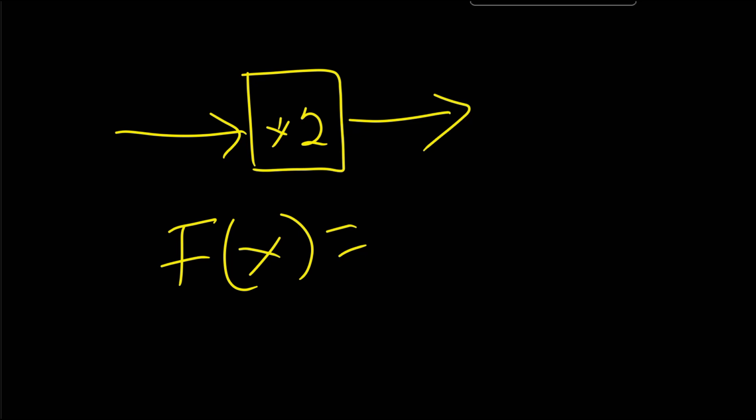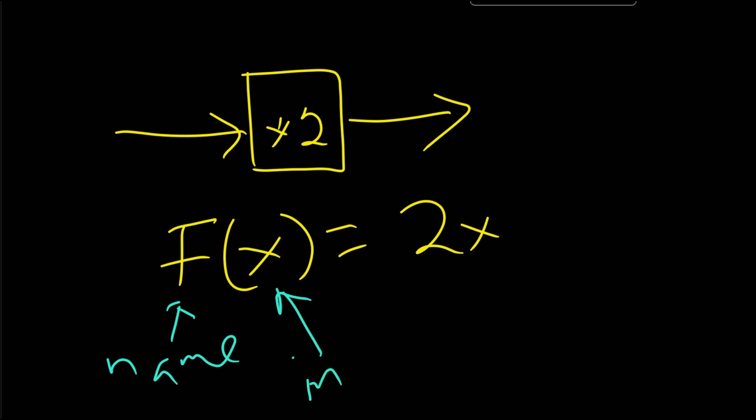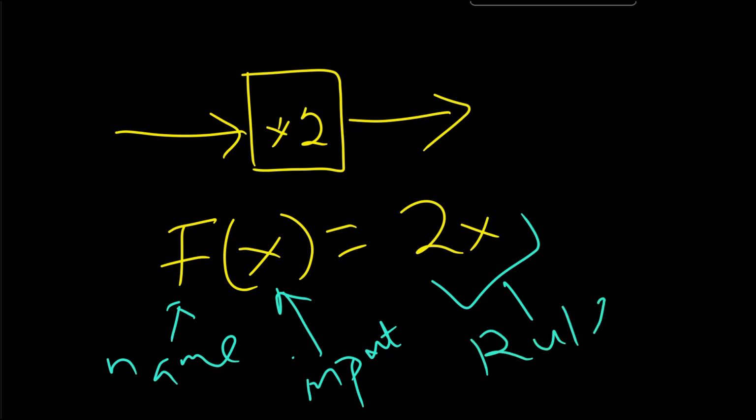In this case, we're multiplying the input by 2. So if f is the function name and x is the input, then the output, or the rule, will definitely be 2x. Essentially, this f right here is the function name, this x represents the input, and the 2x right here represents the rule. And in this case, if you evaluate this expression, you should get the output for a given input.